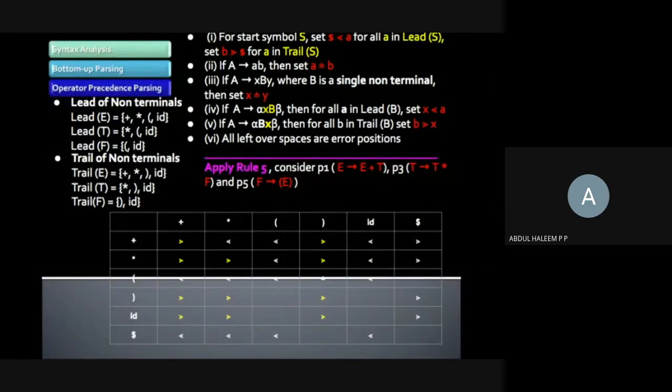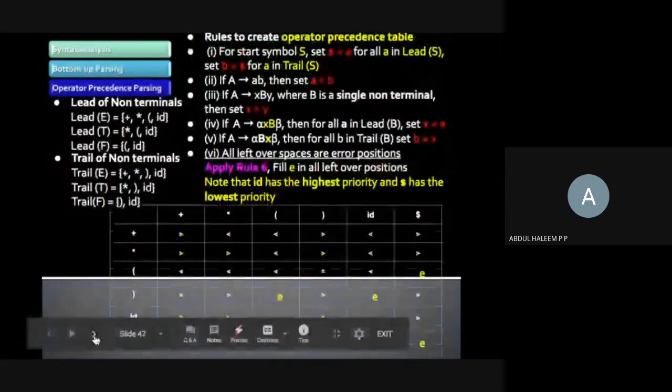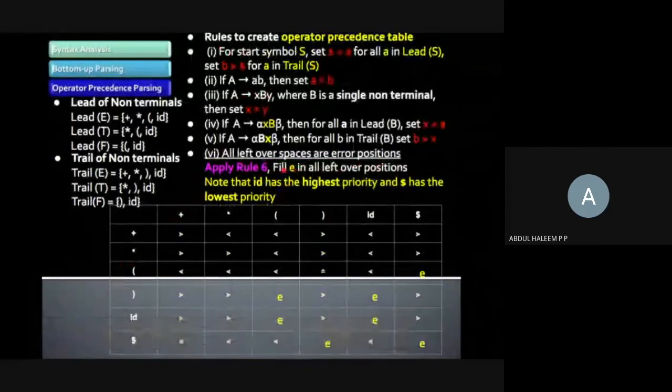Now, after applying rule number 5, the positions are as such. Now we have no more rules to apply and no more productions are to be considered. We have considered all the available productions. Now we'll apply the sixth rule. The sixth rule says that we fill E in all leftover positions, because all leftover positions are error positions.